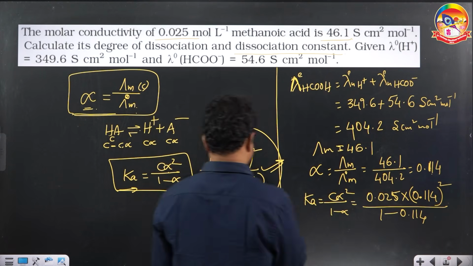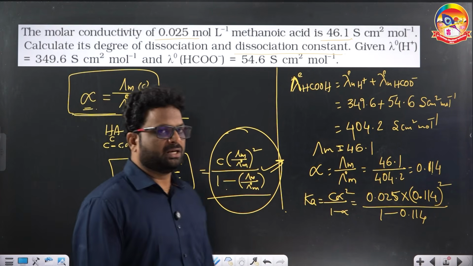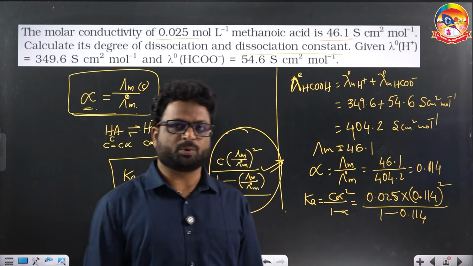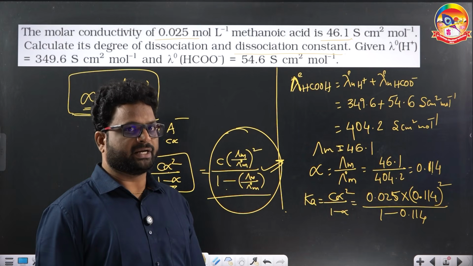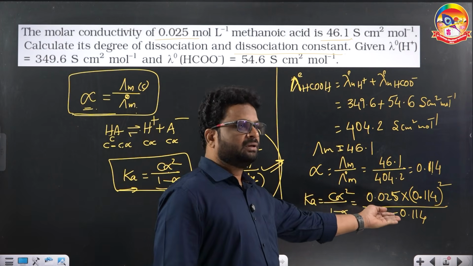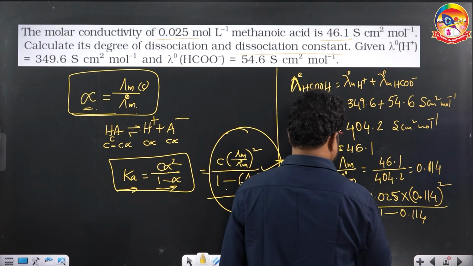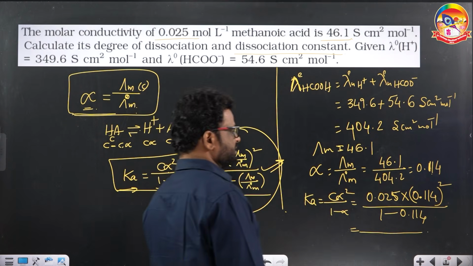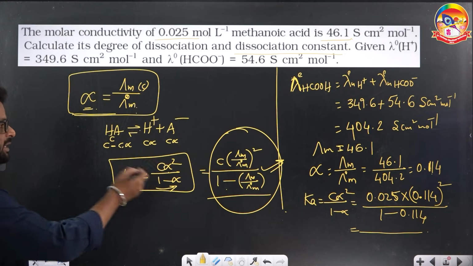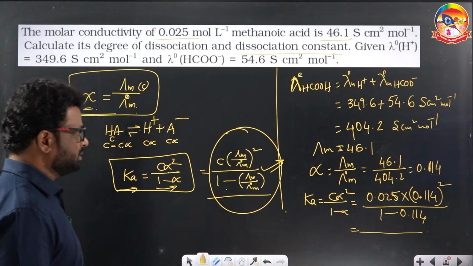You cannot approximate this. You cannot write 1 minus alpha as 1 when alpha value is greater than or equal to 0.05. You can approximate it only when it is very low. But when it is in the range of 0.11, it's not negligible compared to 1. So you retain it and solve it to get the final dissociation constant of that. So simplify it to get the final answer. Okay. So this is an important model related to Kohlrausch law.